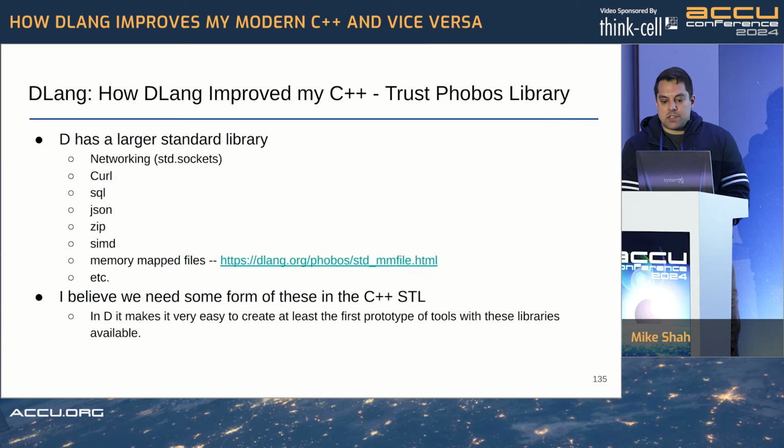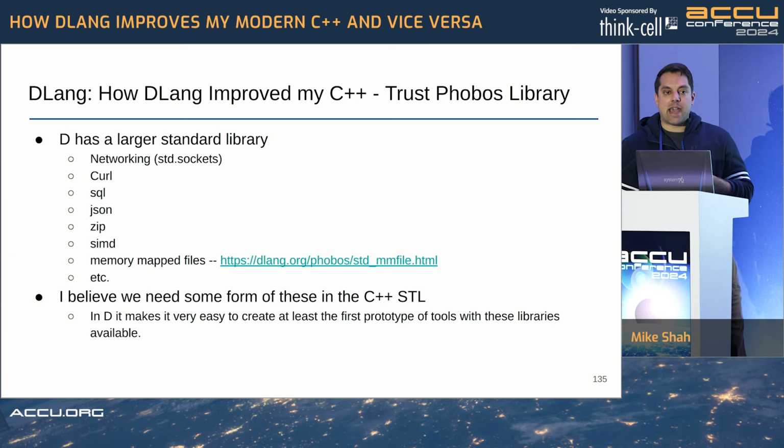On the D language side, thinking about how it might improve C++, and this is maybe a hope and what I'm starting to see in C++26 and other further proposals, is to have some trust in the standard library. As I mentioned, D has a larger standard library with things like zipping files. It's got SIMD for getting performance.